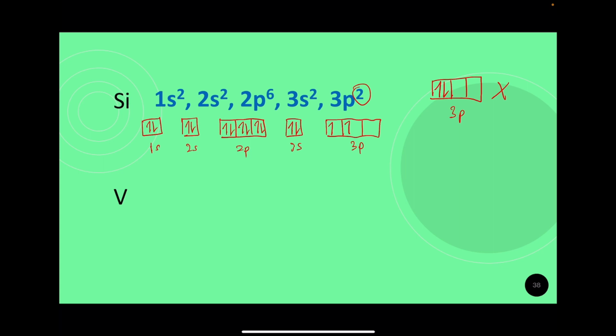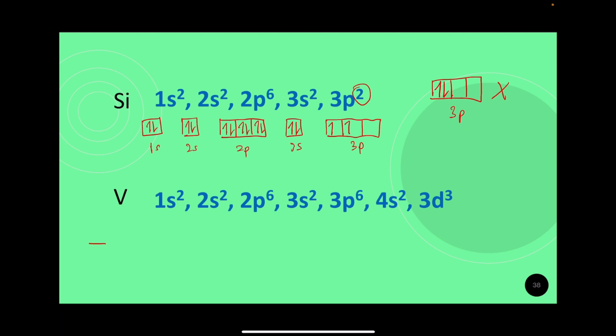The next example is vanadium. Okay, so for vanadium, if you want to use the line style, I like to use the simple line. 1s, 2s, 2p, 3s, 3p, 4s, and 3d. Okay, 1s, 2s, 2p, 3s, 3p, 4s, and 3d.